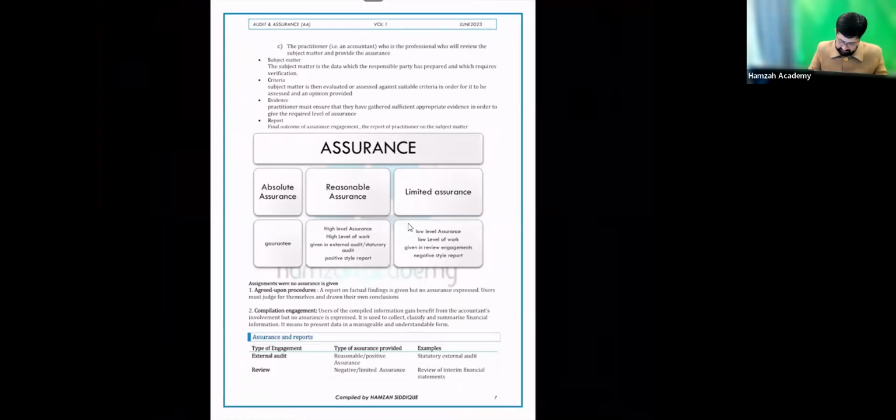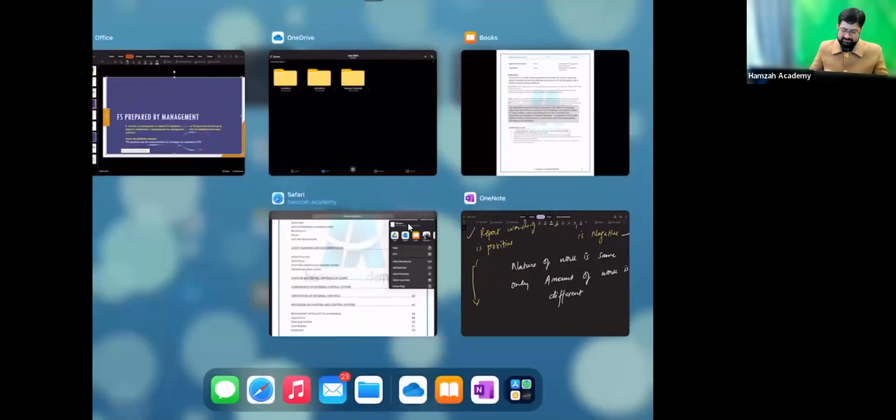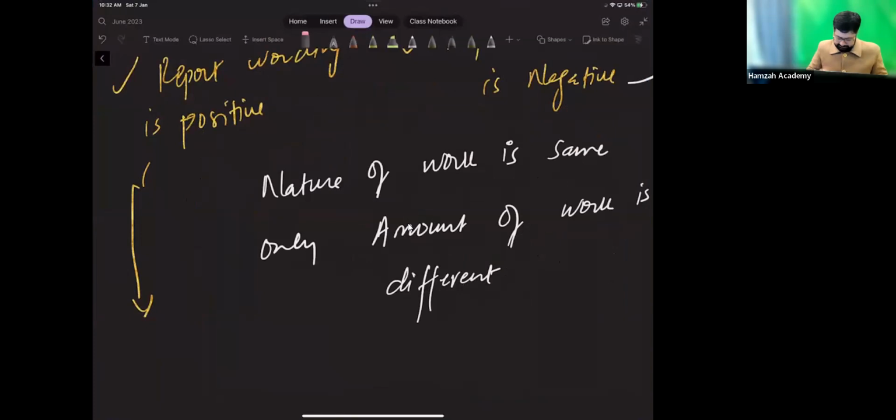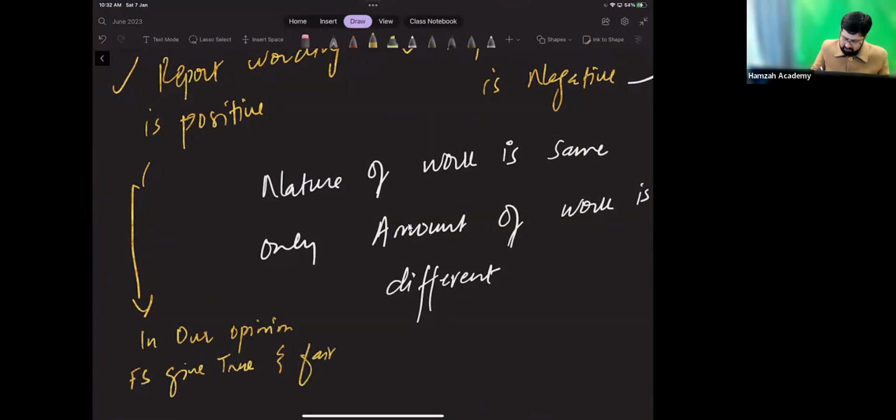Okay, come here, no worries. So for example, in our opinion, the financial statements give a true and fair view of company affairs.